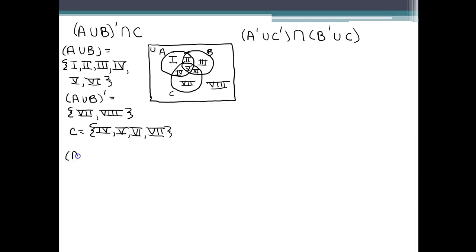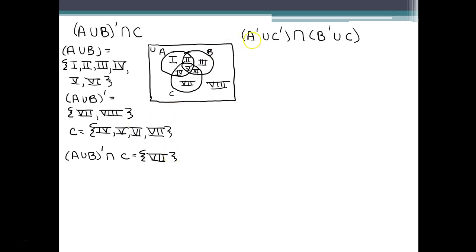Then you go to do the intersection of A union B complement with C. Well, A union B complement had 7 and 8. C had 4, 5, 6, 7. So for the intersection, they both have 7. And that takes care of that.